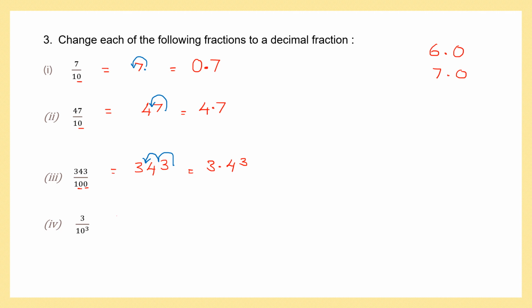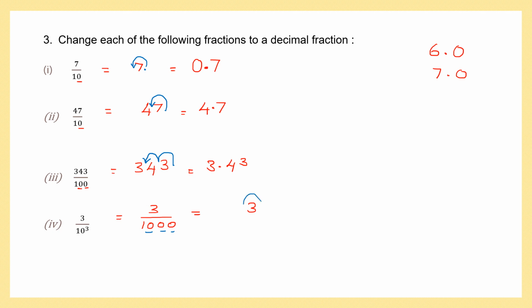Question 4. 3 by 10 to the power of 3. That means 10 into 10 into 10, which is 1000. 10 to the power of 3 is 1000. Now let's place a point. Let's take 3 and write it as a whole number. Now my point has to move 3 places to the left. So if the point is here, I'm going to move it to the left.